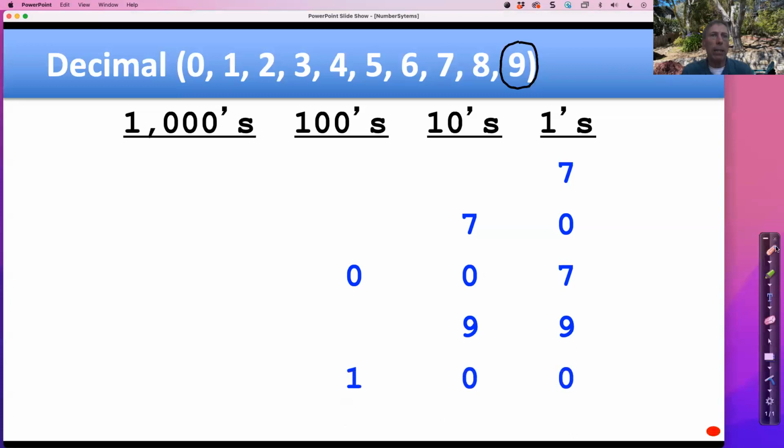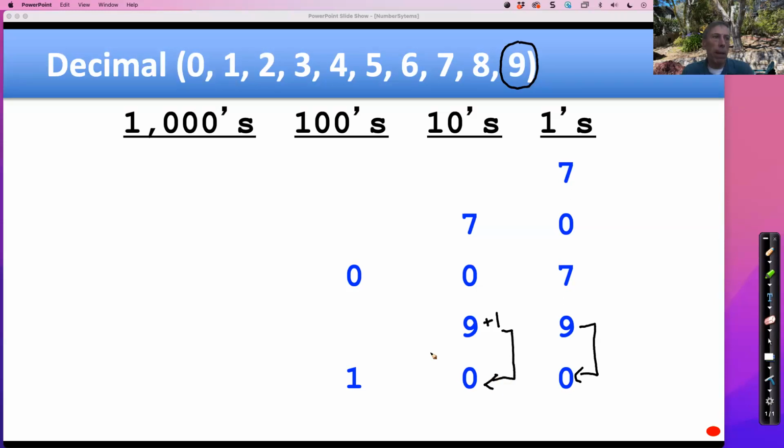What I do here is I start over, go from 9 to a 0, and increase this next column by 1. Now remember, I'm adding 1 to 99. So I've increased this next column by 1. Well, that's doing the same thing. 9 is the last digit, so I put a 0 here.